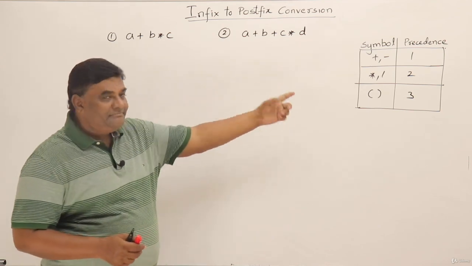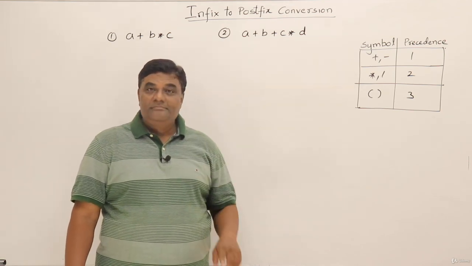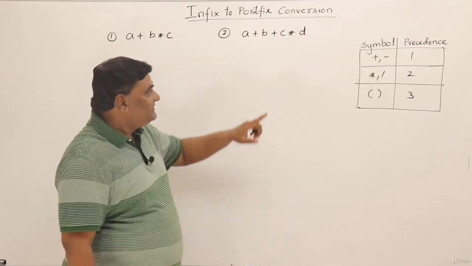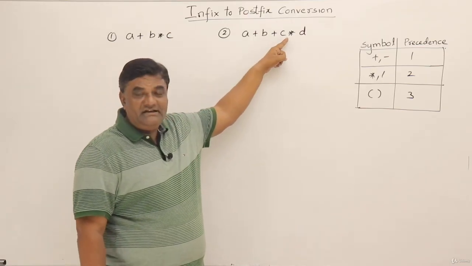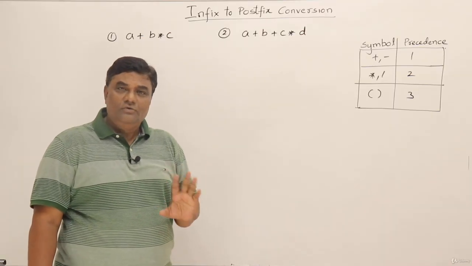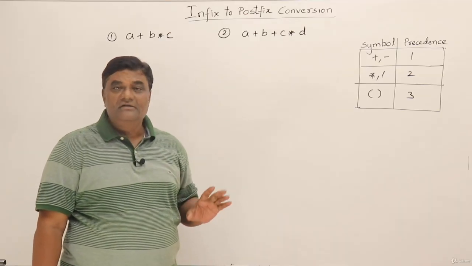How? By using precedences. This is a very important concept. Precedence doesn't mean order of execution. Suppose in this one, multiplication is there, with highest precedence. It doesn't mean first multiply. No. What operation will be performed is a different thing.